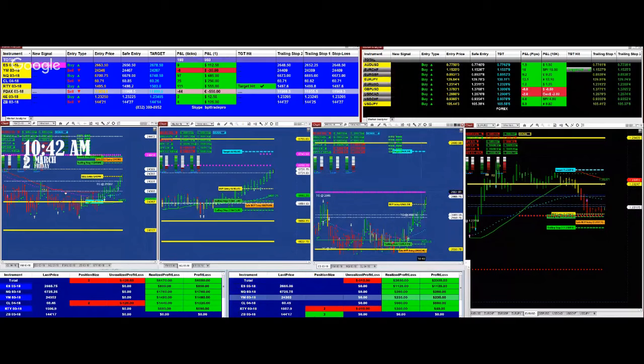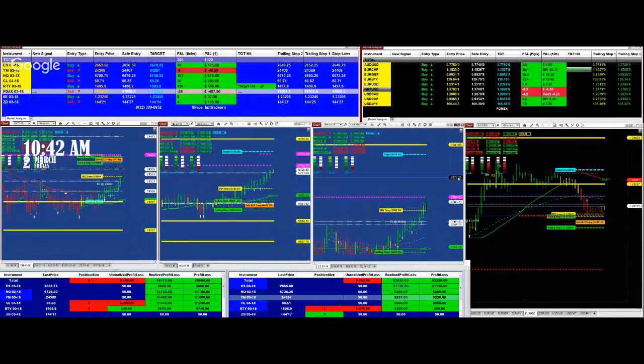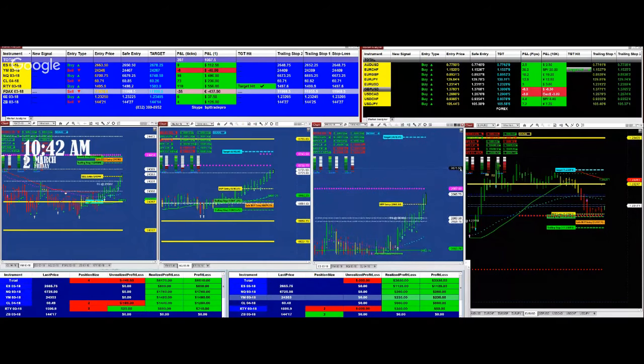If we break the 67 level, we are going directly to this target. There is no sweat in it. Very important, keep your eye on the 67, please. This is your resistance level.